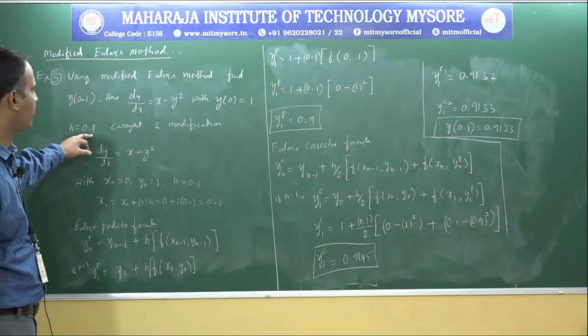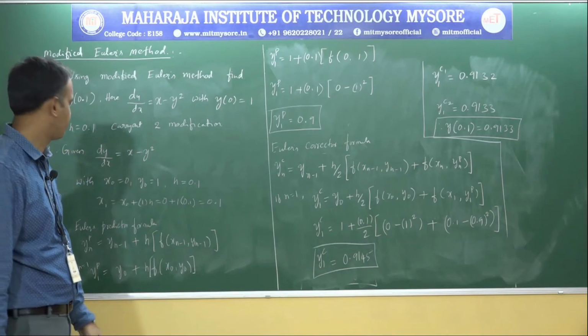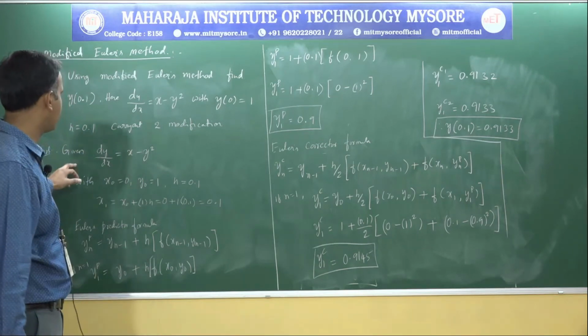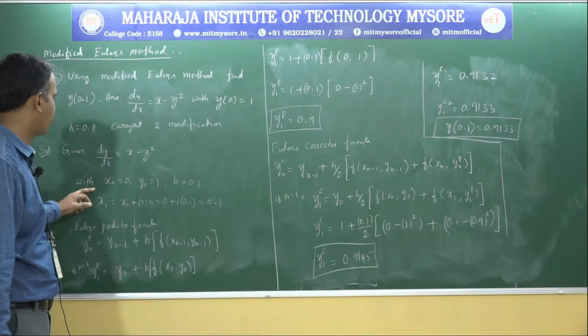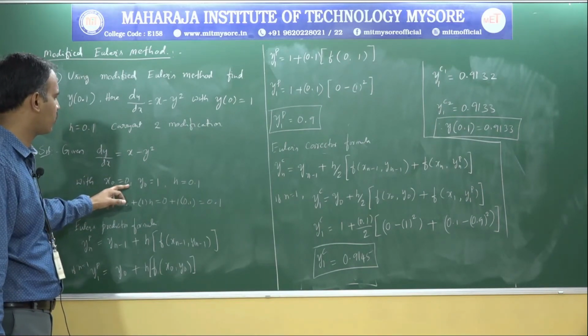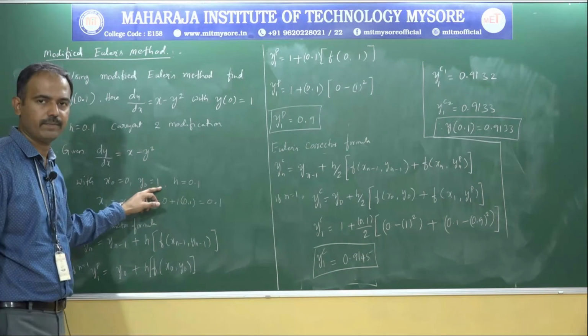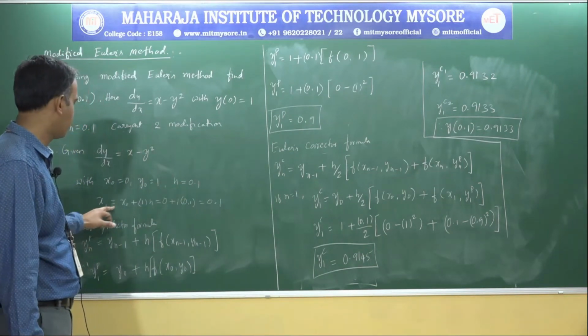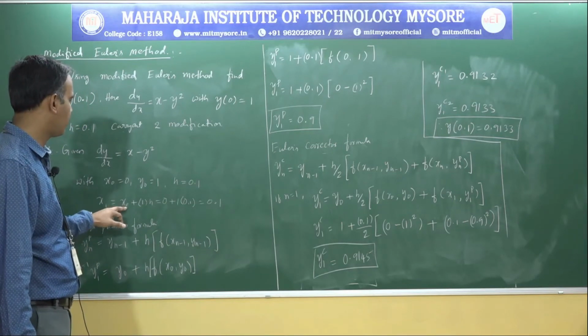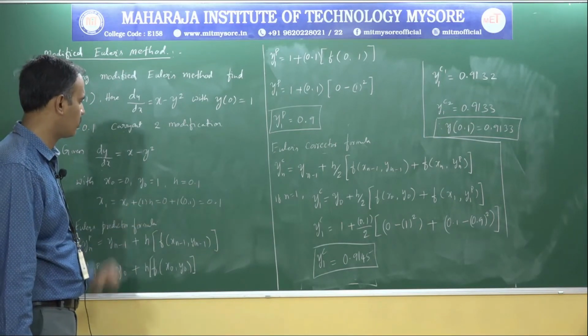Given h value 0.1, carry out two modifications. Given dy by dx equal to x minus y square, with initial data x0 equal to 0, y0 equal to 1, and h equal to 0.1, x1 is equal to x0 plus 1 into h.